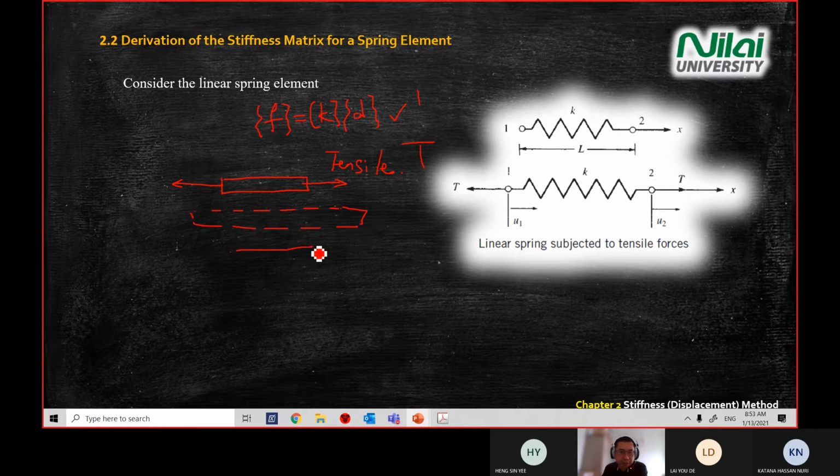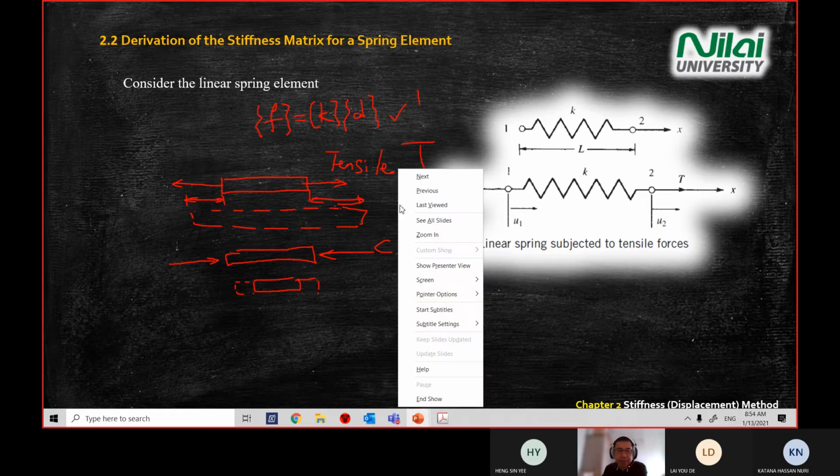Another force that you learn in stress analysis is compression, C. When you compress, the elongation will become negative. The size will shrink into a smaller size. So this is the elongation.